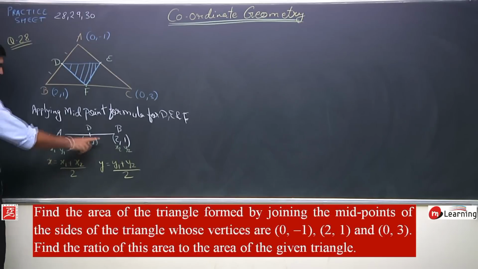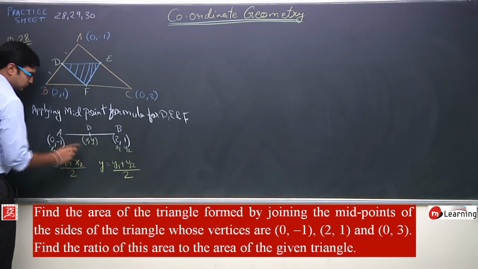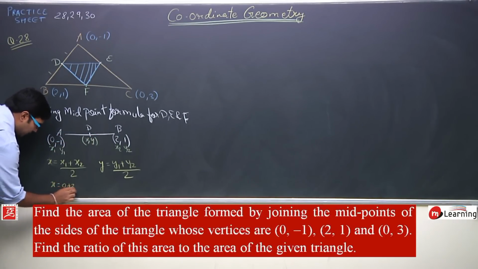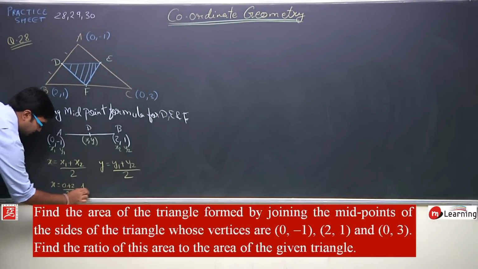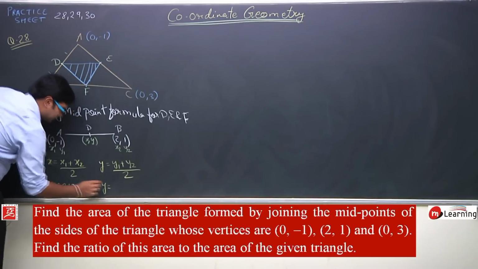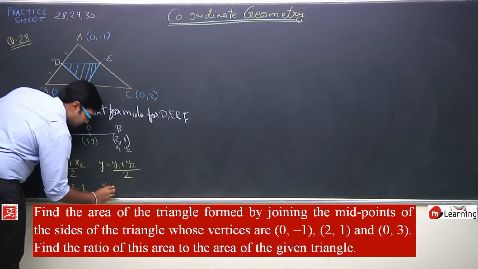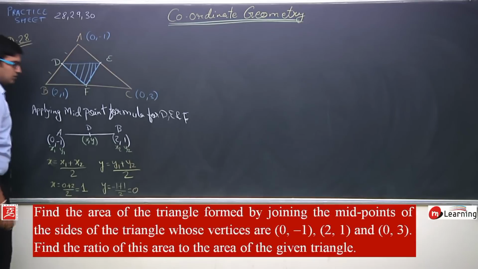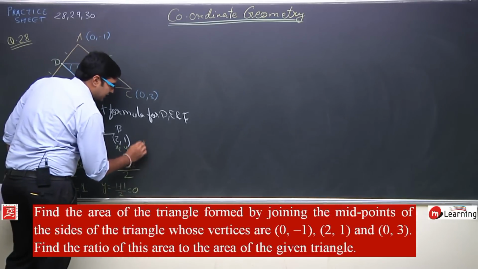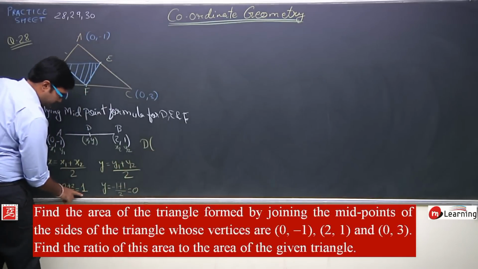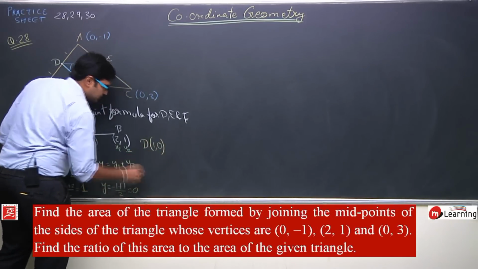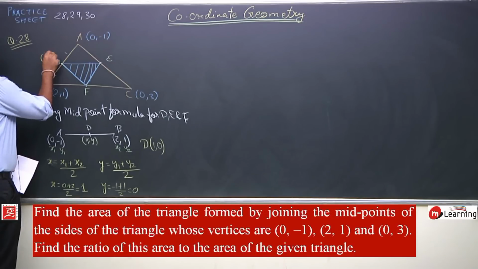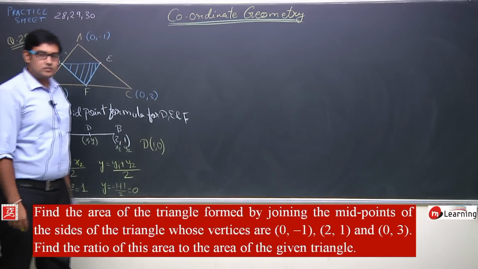So x is equal to 0 plus 2 upon 2, that is equal to 1, and then y is equal to -1 plus 1 upon 2, which is equal to 0. So I can say that the coordinates of D point are 1, 0.